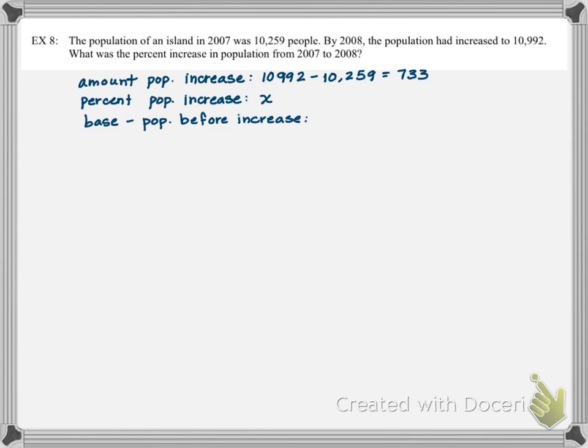And then the population before the increase, that was 10,259. So we have 733 equals x times 10,259. And x equals, I believe, 0.07. And so it was a 7% increase.